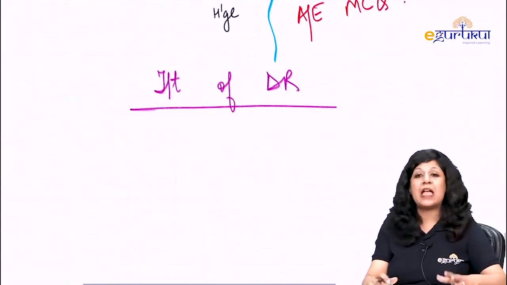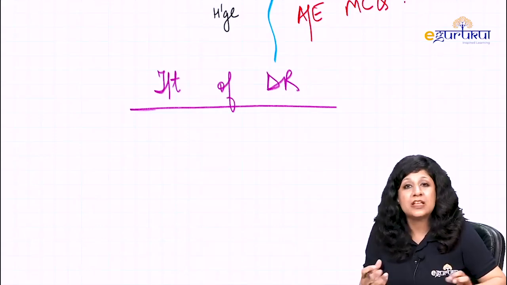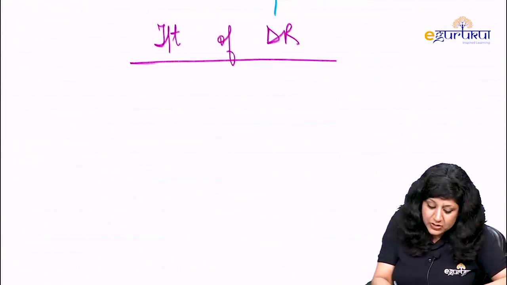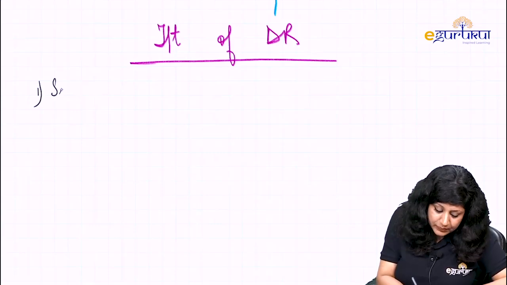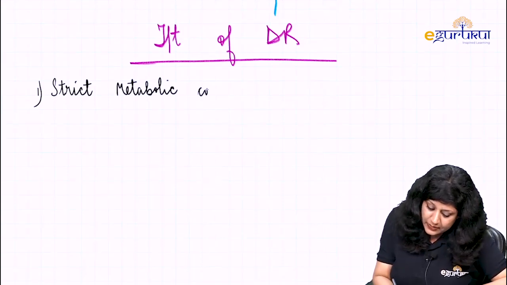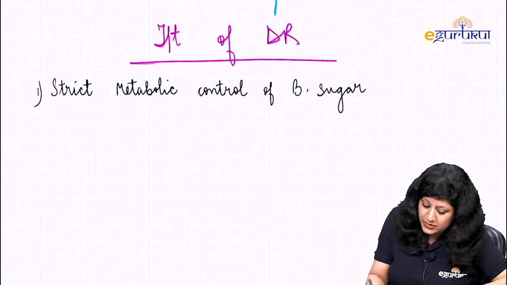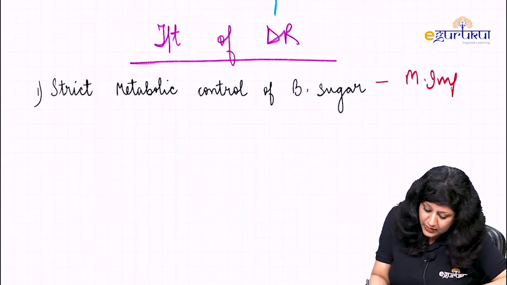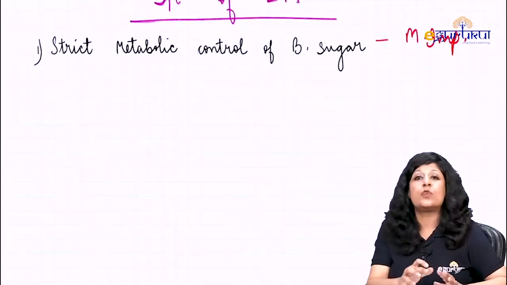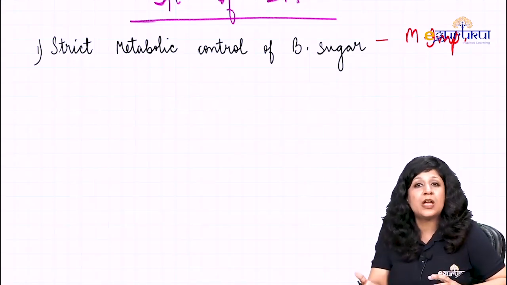Before we start treating the lesions of diabetic retinopathy, the first very important thing is strict metabolic control of the blood sugar. It is the most important thing we can do for the patient, because the lesions are directly proportional to the hyperglycemia.